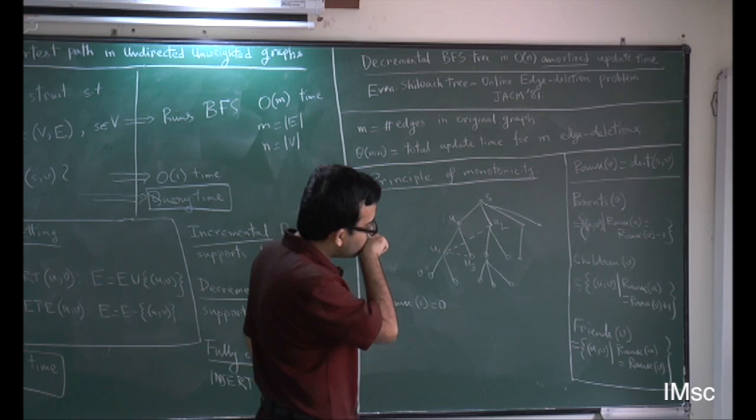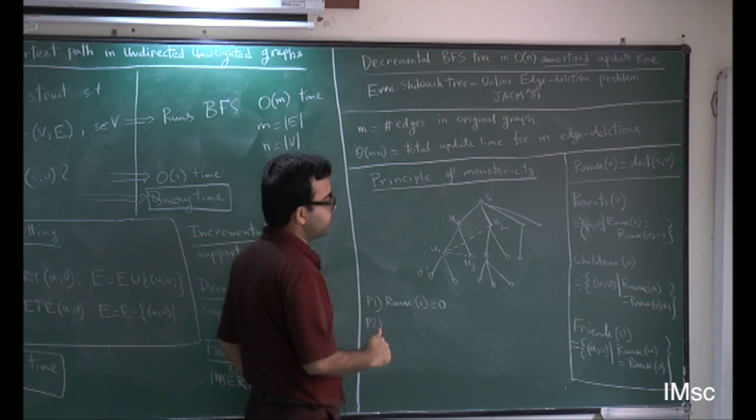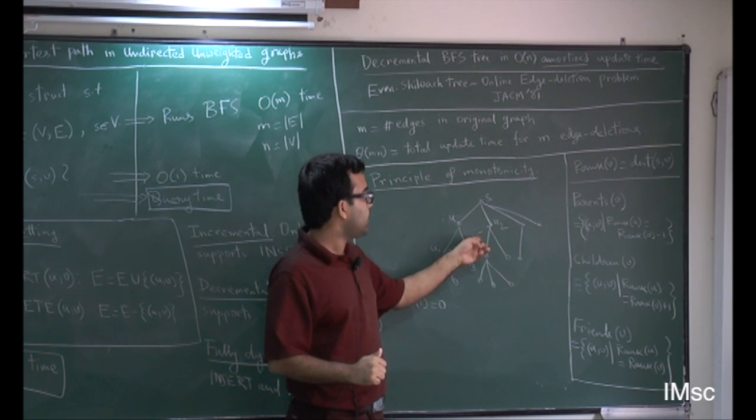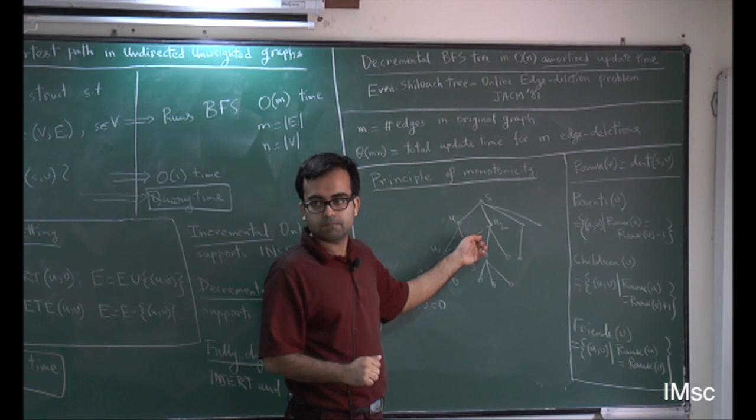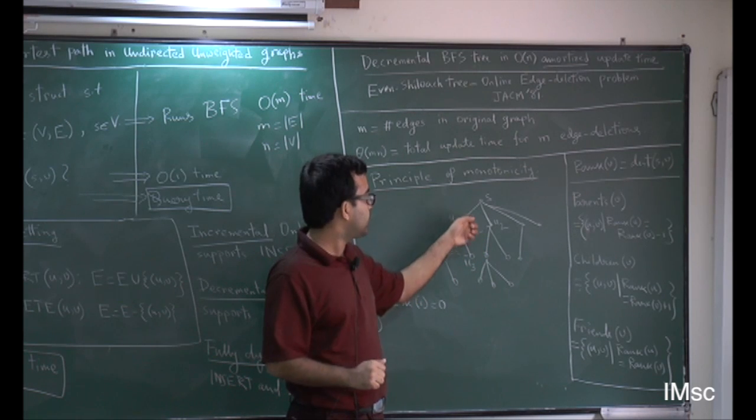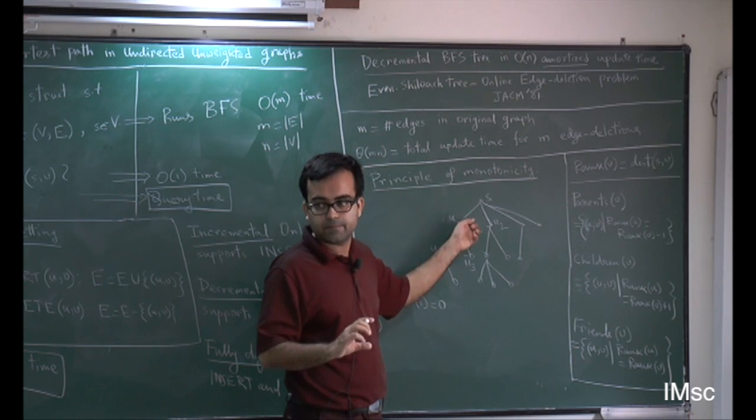is for every node V, there is at least one parent, right, because it is connected to some node at its previous level.